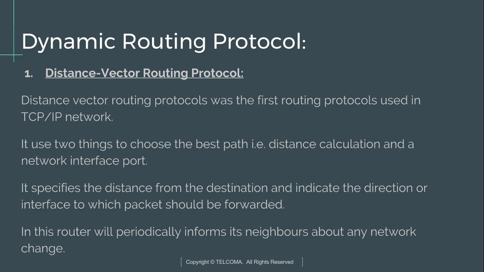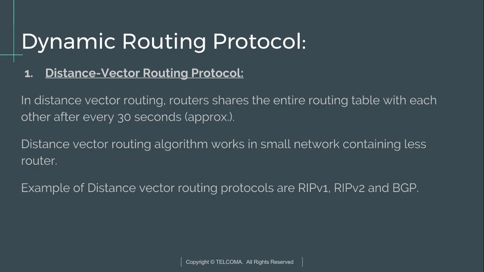It means the router sends a message to every router periodically to inform about the network changes. In distance vector routing, routers share the entire routing table with each other every 30 seconds. This is the approximate value after which every router shares its routing table in the network.